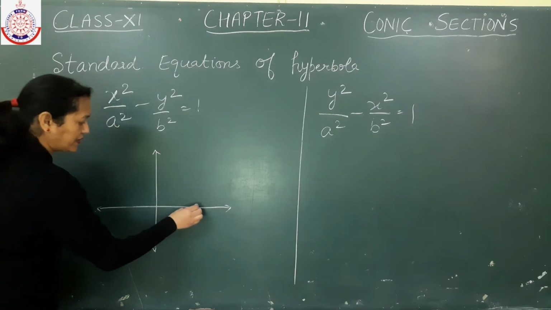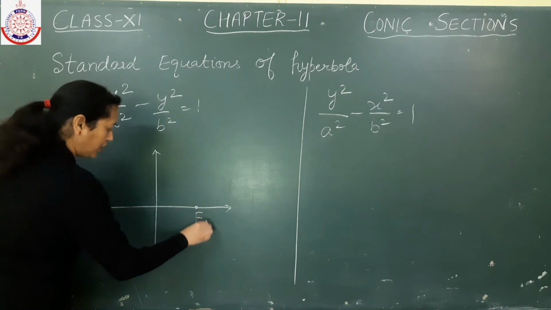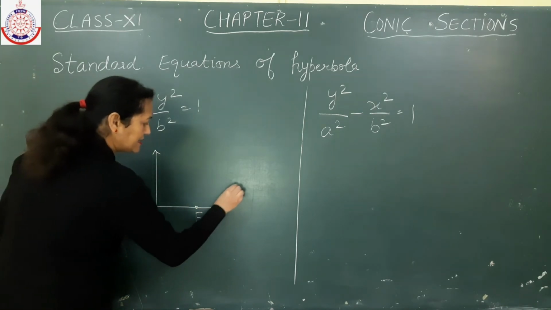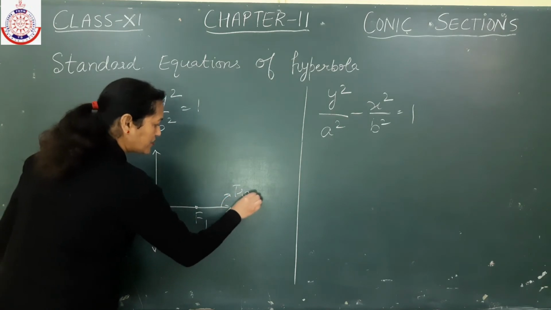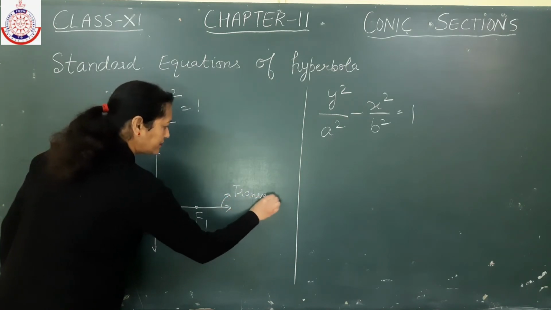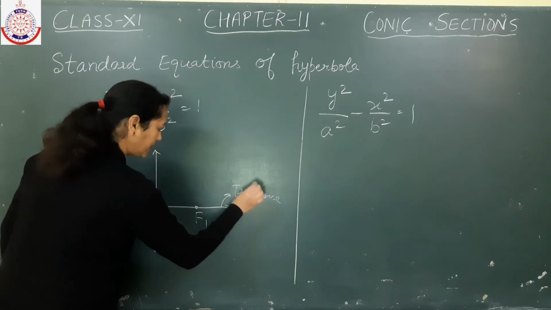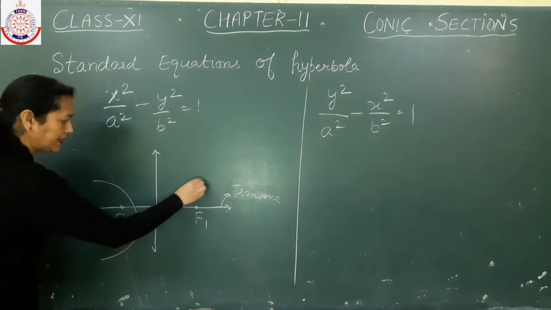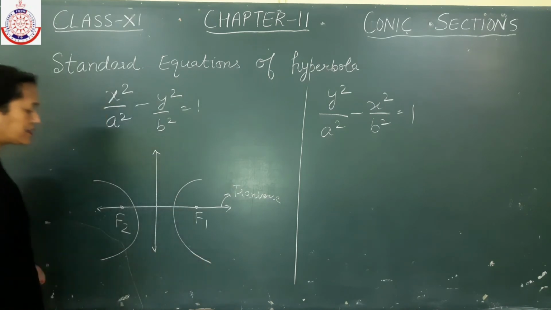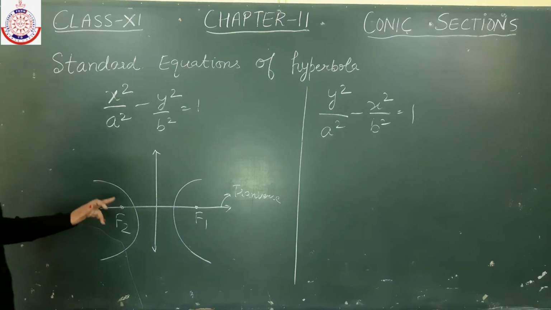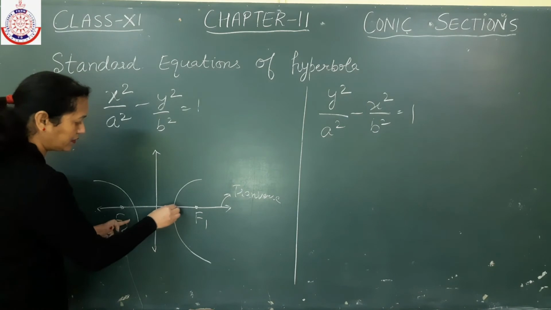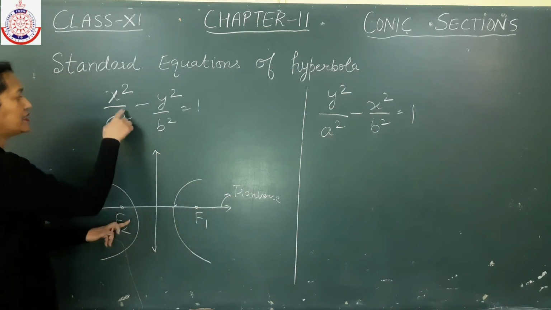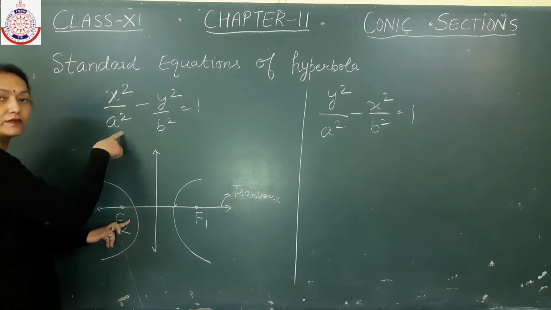If focus points are along x-axis, that means x-axis is transverse axis. In that case, we will be getting this kind of hyperbola, and transverse axis is along x-axis, that's why it is x square upon a square.